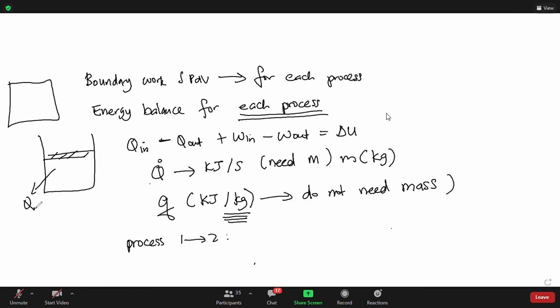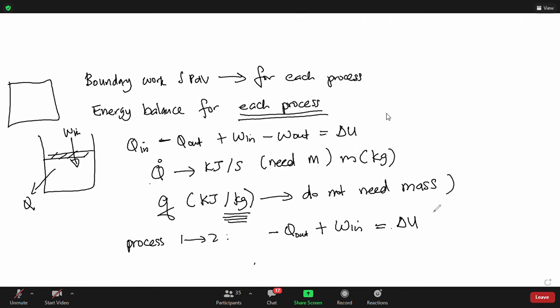So therefore there is no Q in, there is only Q out. So you're going to put here minus Q out, and say there is some work in, so plus work in, there is no work out, equals to delta U.